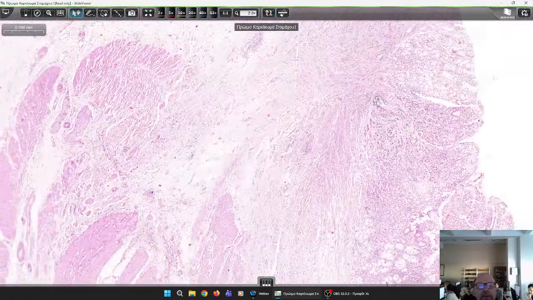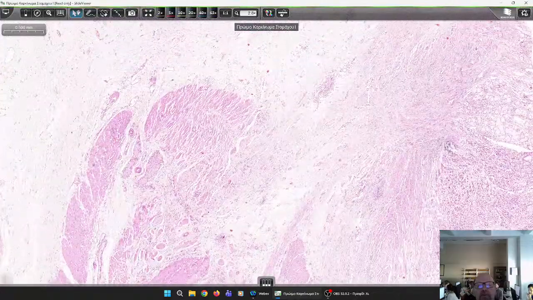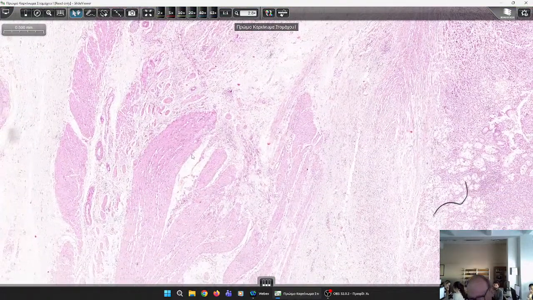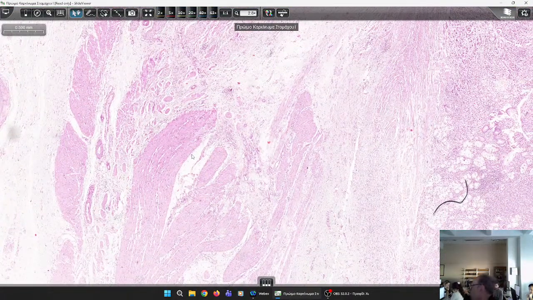However, the crucial factor is whether they invade the muscularis propria. If they invade the lamina propria, the muscularis mucosae, enter the submucosa, all this is early gastric cancer. You have to perform gastrectomy because lymph node metastasis is possible.